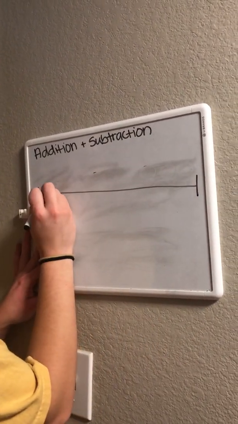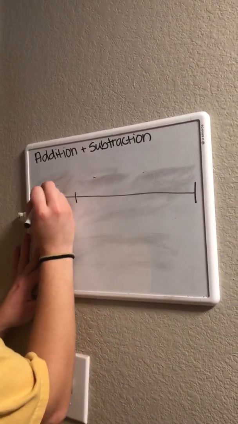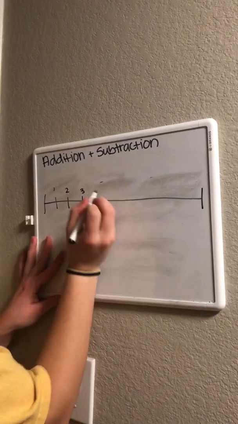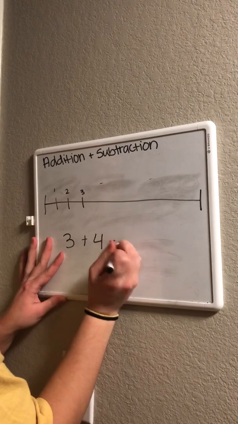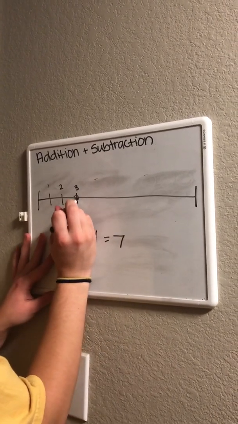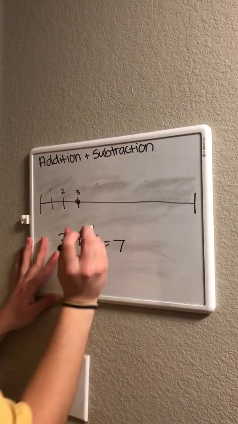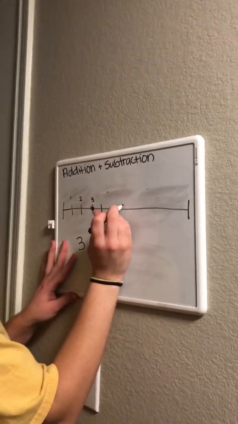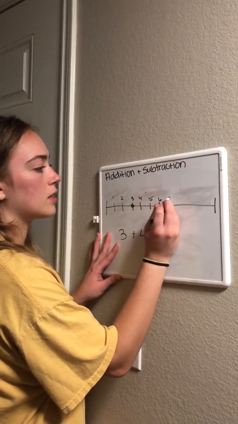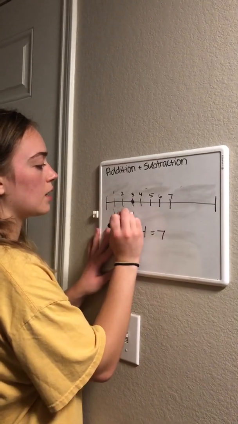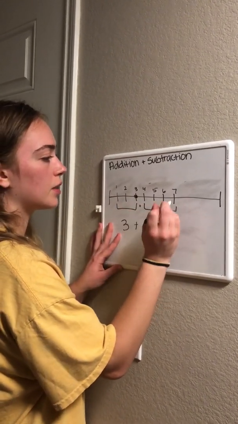We're gonna have 1, 2, 3. So it's 1, 2, 3. Then we're gonna do 3 plus 4 equals 7. So we have 3. And now we're gonna add 4 more lines. 4, 5, 6, 7. So 3 plus 4 equals 7.